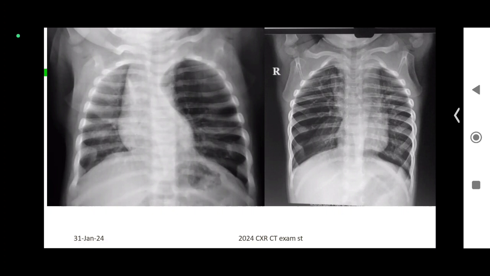Left side, sir. First one, sir. First one is left side. This side, the right X-ray. Yes, Geetika. Yes, anyone else? Okay. Yes, Sai Shashir.